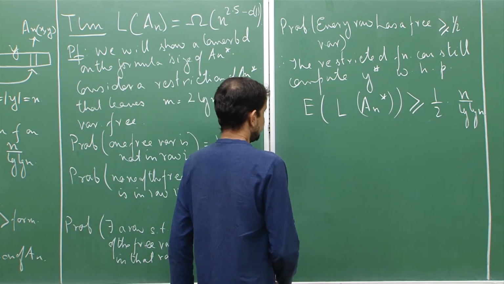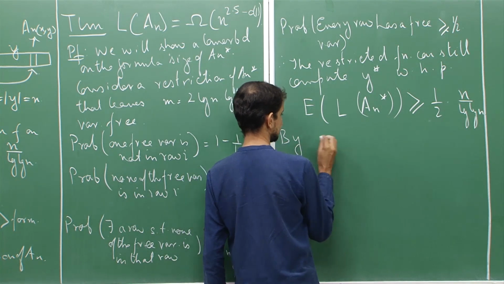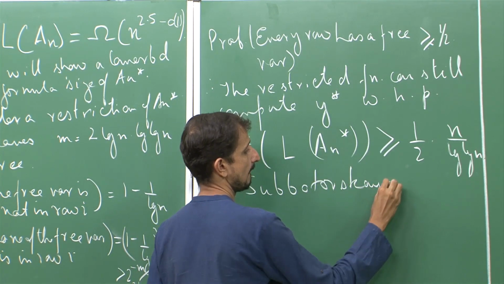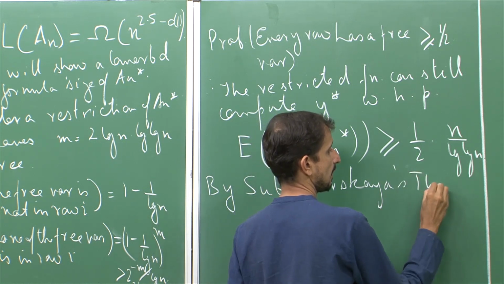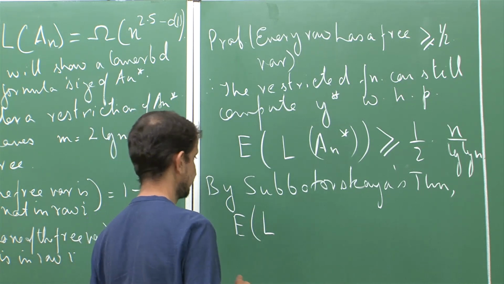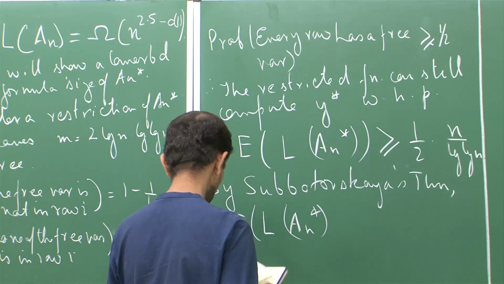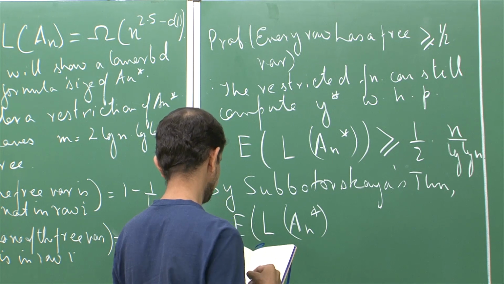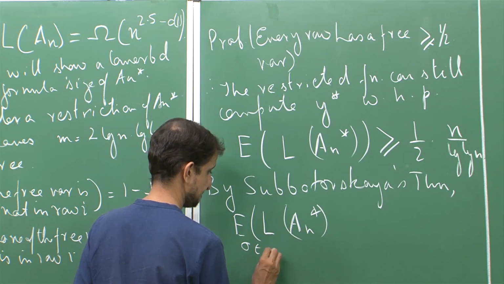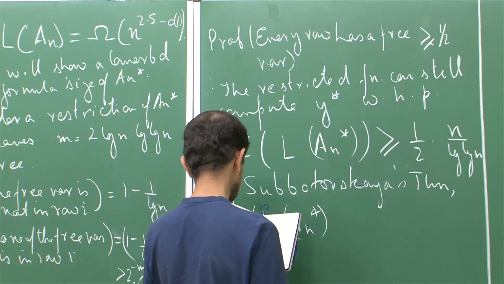Okay. But this is one direction. What we have by Subbotovskaya's theorem is a bound on the expected value of L of A n star, if you look at the expectation over sigma in R n m.